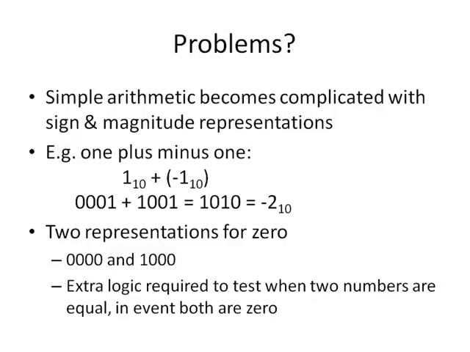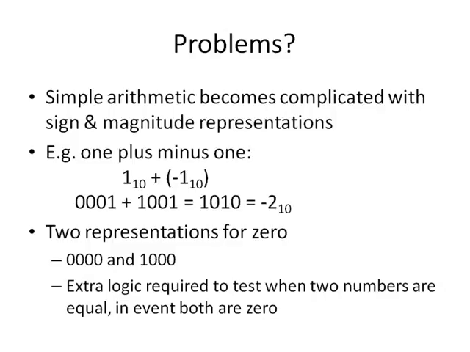So 0001 plus 1001, well, the binary addition for that would give you 1010, which is minus 2 in this sign and magnitude representation. So we might think we're adding 1 and minus 1, and we should get a result of 0, but the binary operations of a full adder would give us a different result.